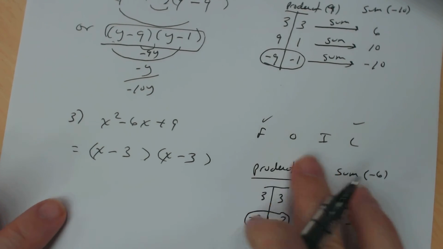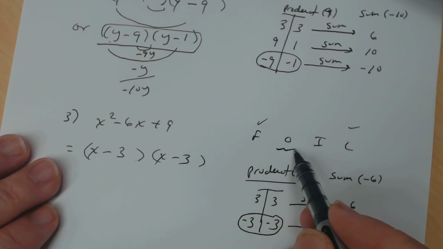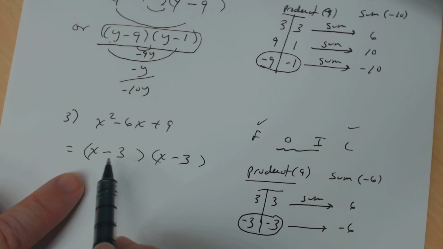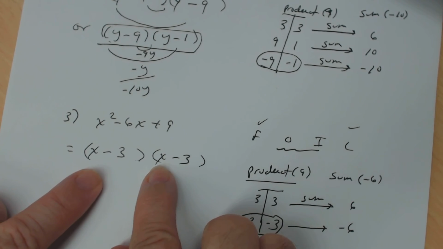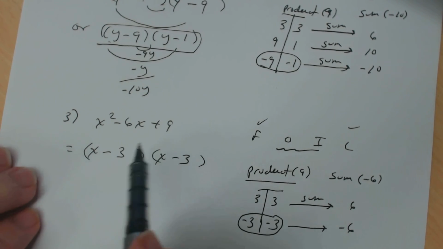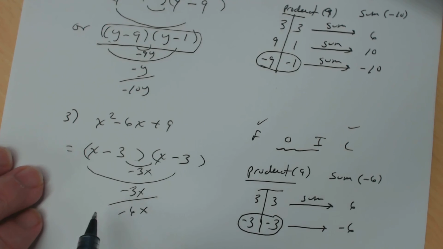Now before we go on, let's check with FOIL and make sure we have this correct. We did the outer and the inner already. X times x is x squared. -3 times -3 is a +9. The outer is -3x, the inner is -3x, and when I add them up, I get -6x, which is what I wanted.